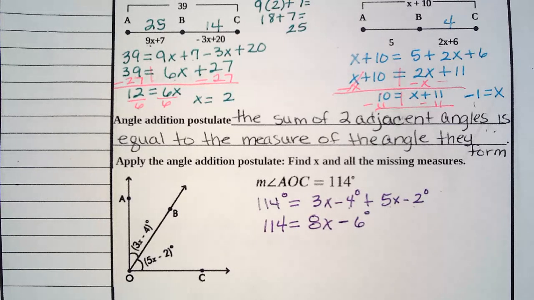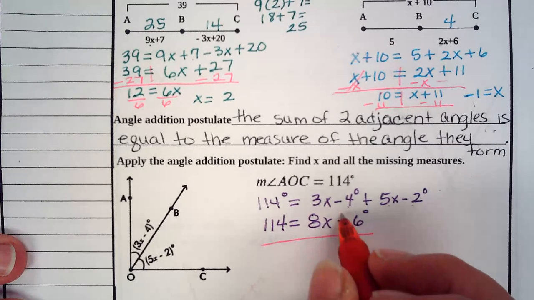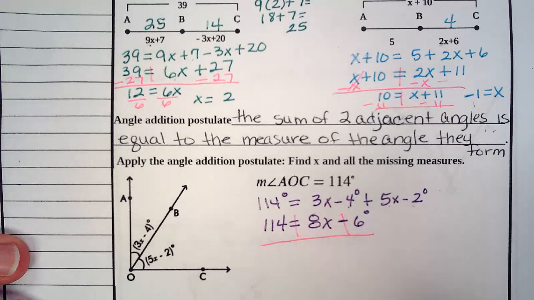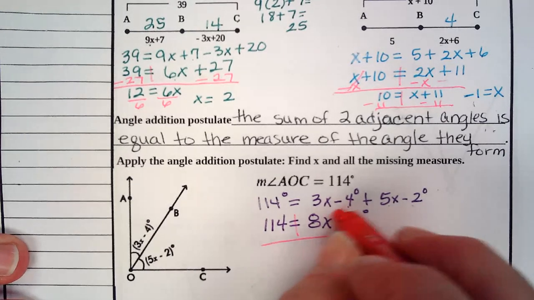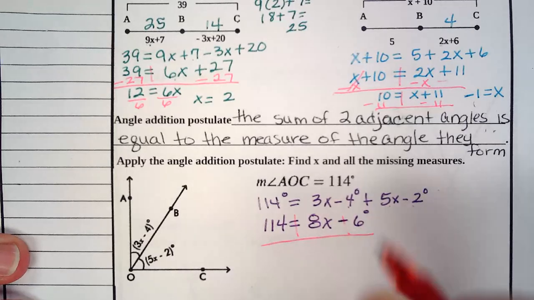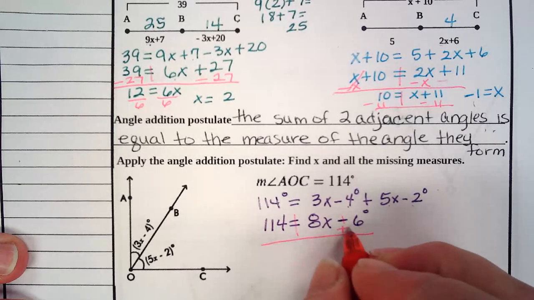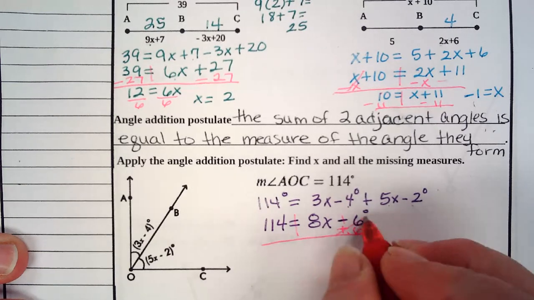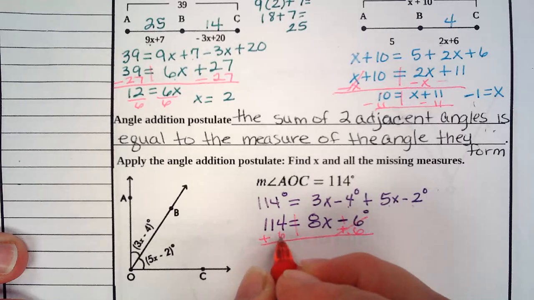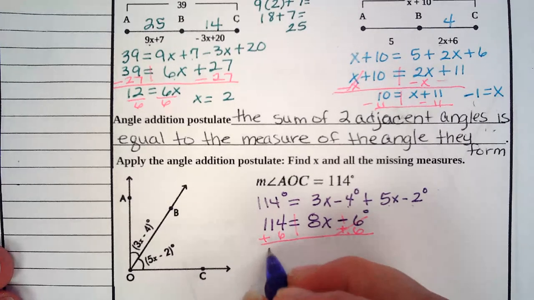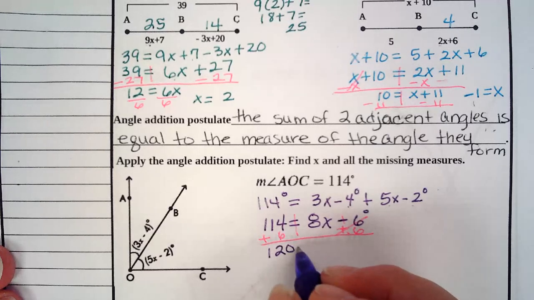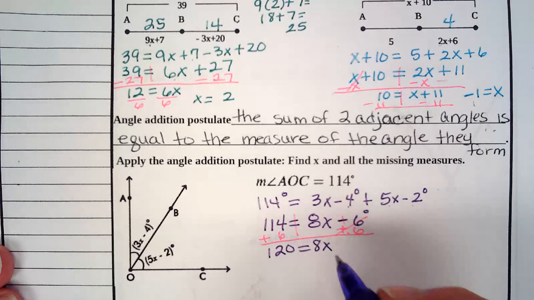Okay, it's time to solve for x. Whoops, got carried away there, didn't I? Good thing this is erasable. The opposite of subtracting 6 is to add 6. That eliminates it. I'm going to add 6 here. 114 plus 6 is 120 is equal to 8x.